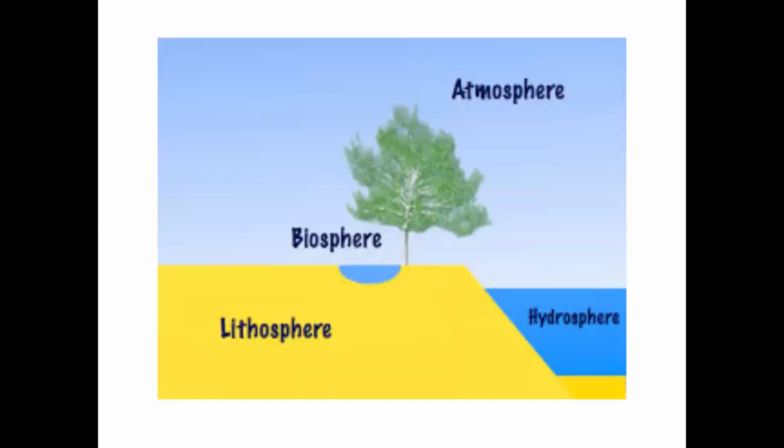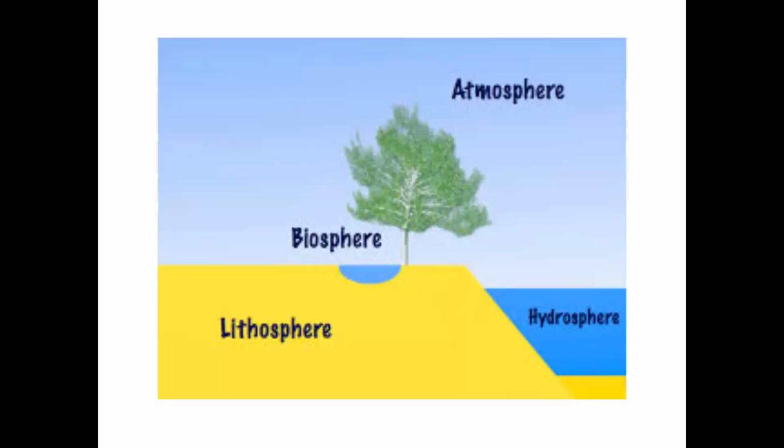Now I want to show us just a little picture to get a better visual understanding of what we're talking about with these spheres. So we have atmosphere, we see from the surface of the Earth and up to space. That's where we have our atmosphere. What do we have representing biosphere? The tree, yes.